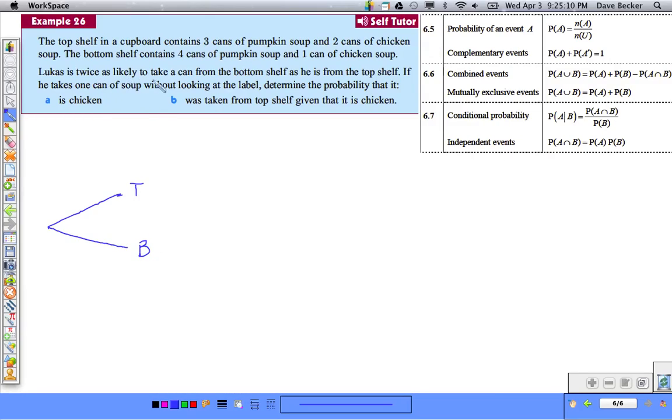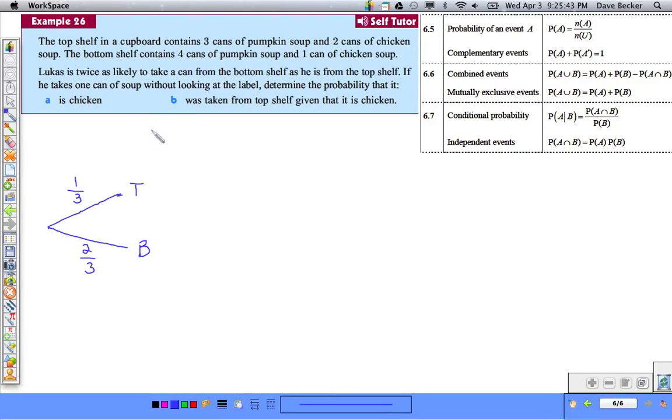If he's twice as likely to take a can from the bottom shelf as he is from the top shelf, that's 2 to 1, for a total of 3, if you want to think about it that way for our probability. So that's 2 to 3 for the bottom shelf, and this is 1 to 3 for the top. This is twice as likely as this.